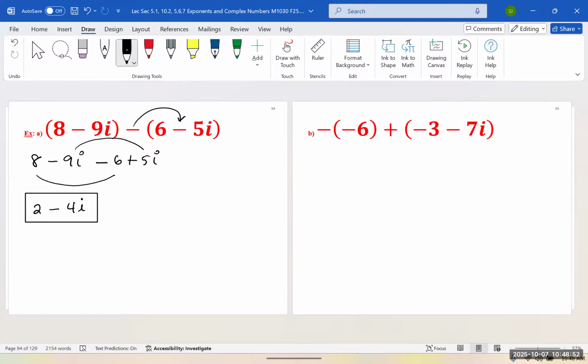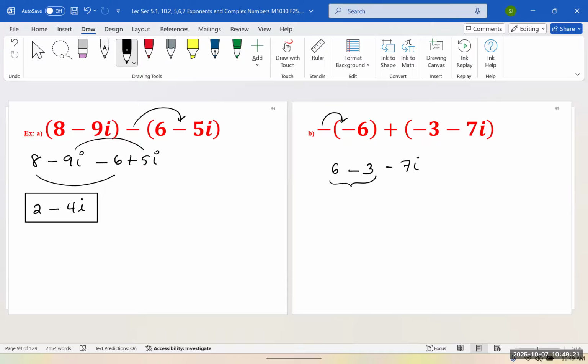There is another example. Negative 6 plus negative 3 minus 7i. Minus 3, minus 7. Perfect.